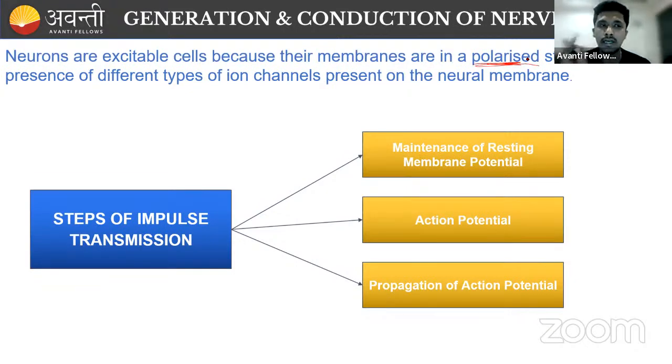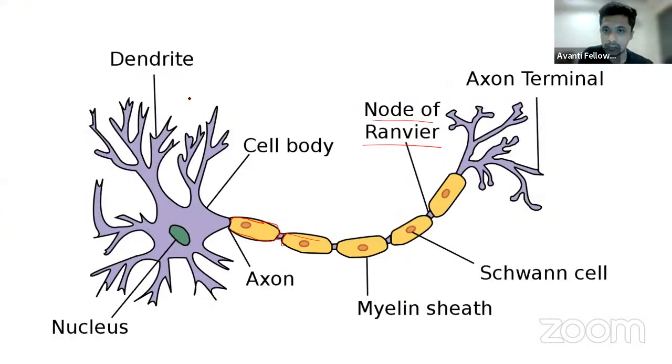So when do you say that a neuron is polarized? Let us take an example of this neuron. Outside of the neuron there is some area, the outer area of the neuron, and here is the area within the neuron.